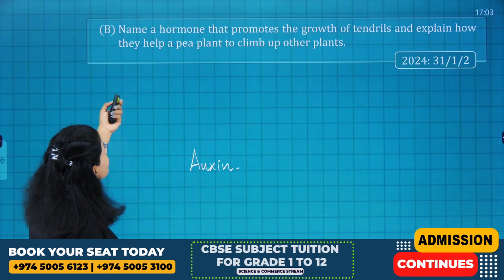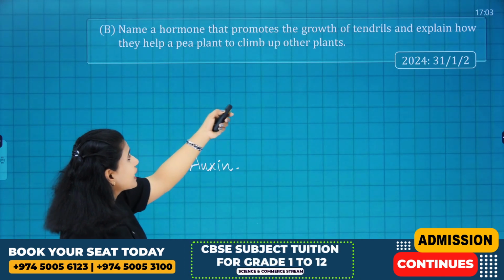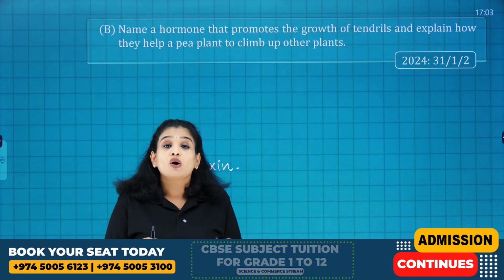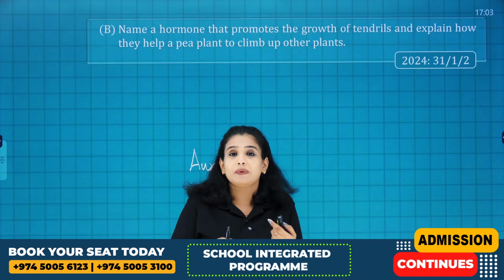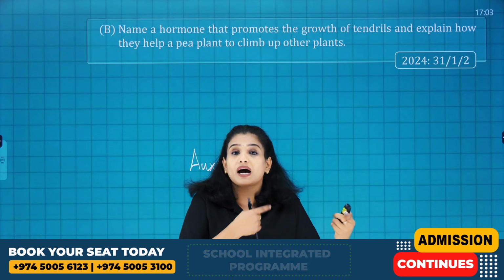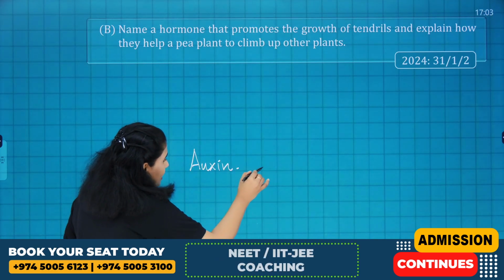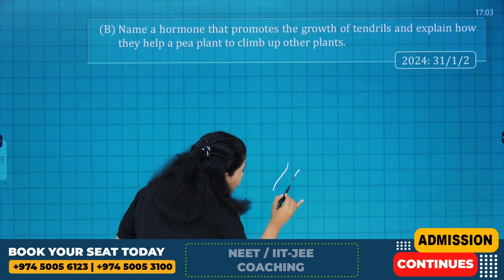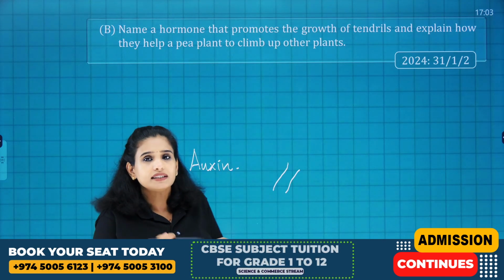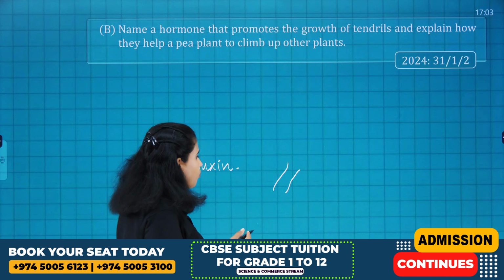And explain how they help a pea plant to climb up other plants. Now you have to explain how this auxin helps a pea plant to climb up other plants. I will explain this. When a tendril touches a support, what will happen?